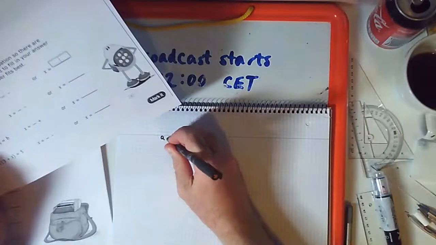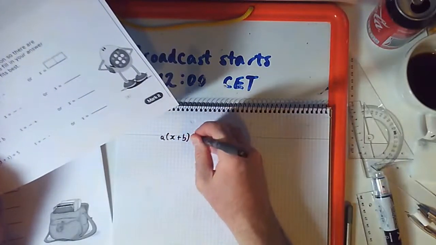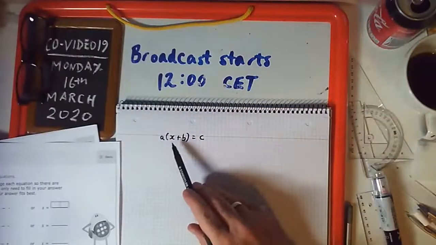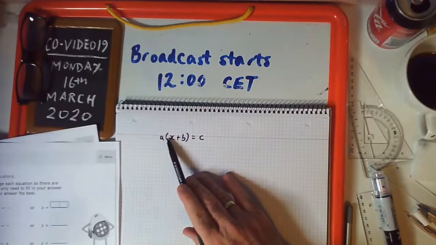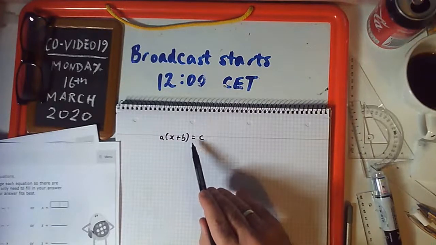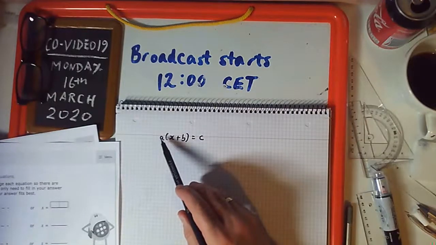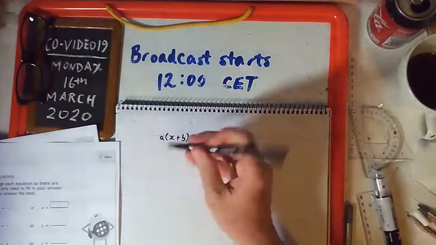So a brackets x plus b equals c. So I'm trying to get x on its own. So at the moment I've got a times a bracket equals c. So yeah, a letter just in front of a bracket means multiplying.